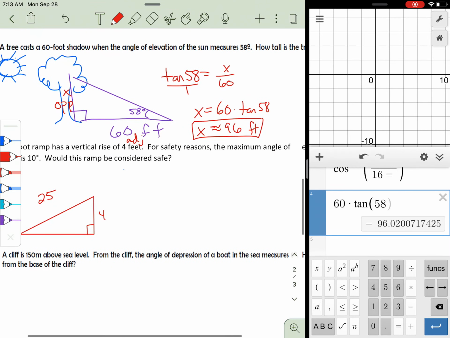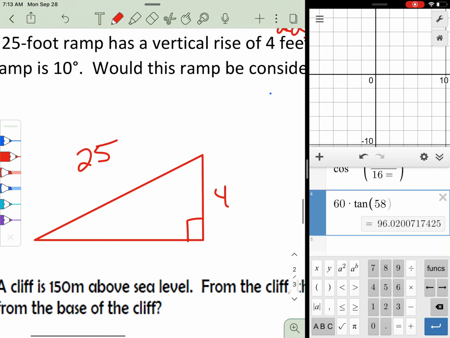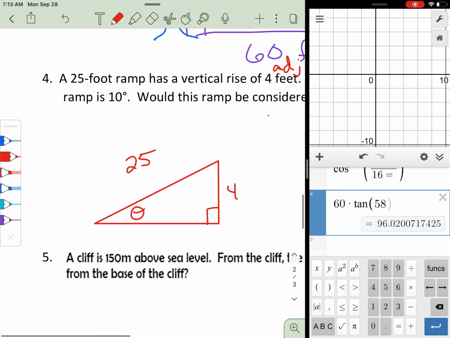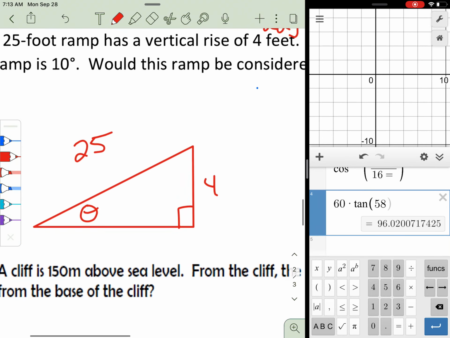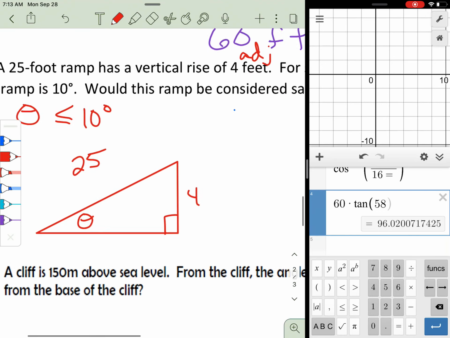Okay, so it says for safety reasons, the maximum angle of elevation of a ramp is 10 degrees. Would this ramp be considered safe? So it wants to know, do these side lengths measure up so that theta has to be less than or equal to 10 degrees.